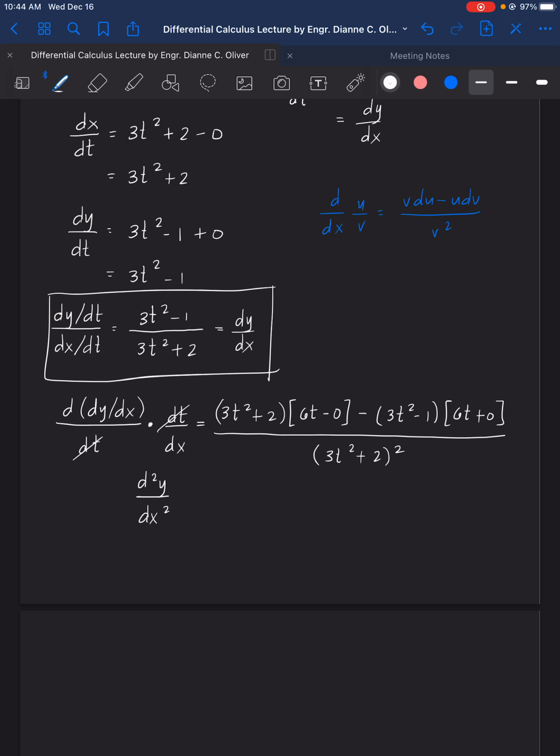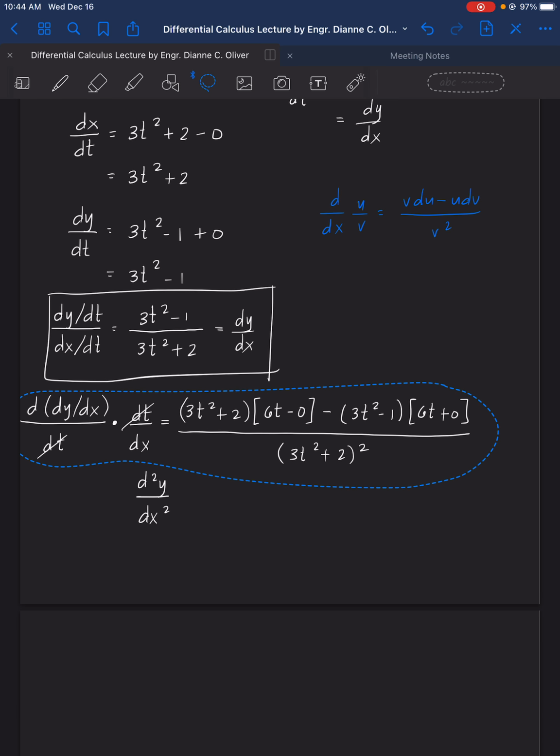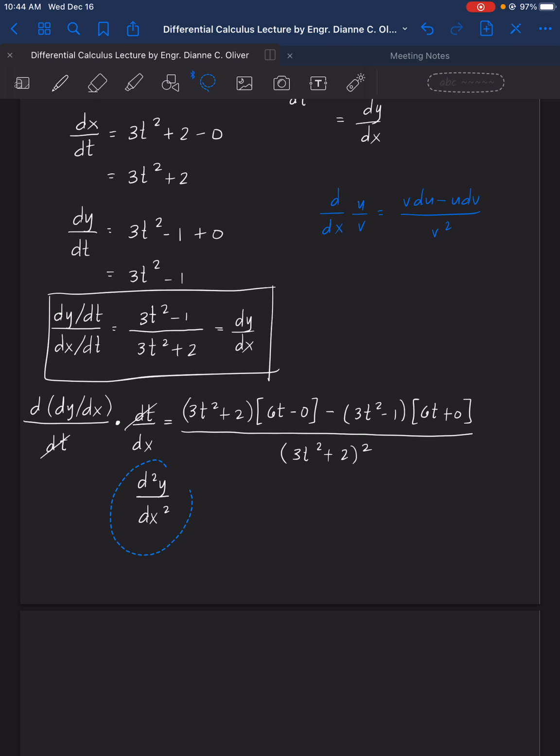Okay, so that is the derivative with respect to t. Now, if you observe, what we did a while ago is we multiplied the derivative for this with dt over dx. Now, we will multiply also this with dt over dx.